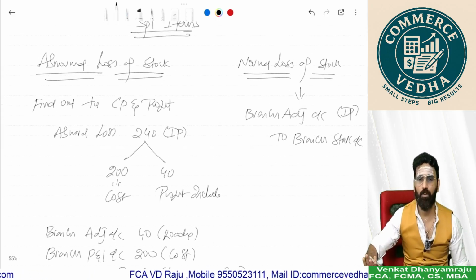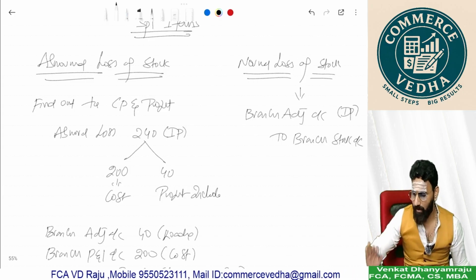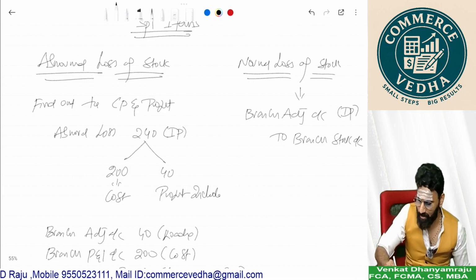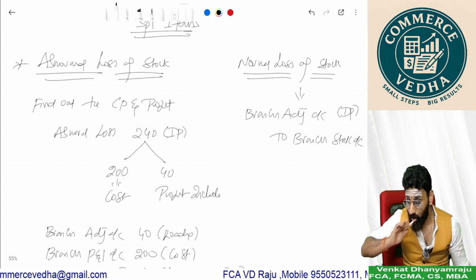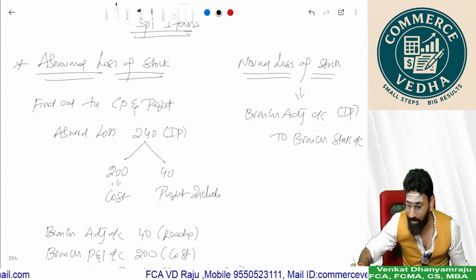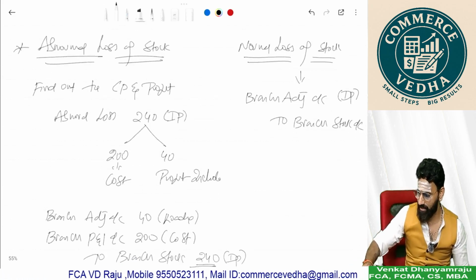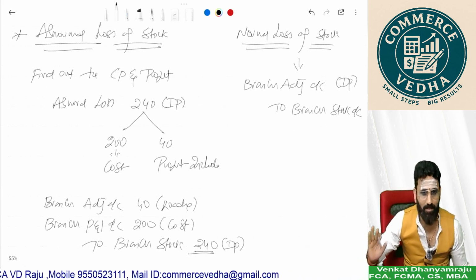This special transaction is where you need to be very cautious before closing. Whenever there is abnormal loss or normal loss, don't close the stock account before passing the entry. Don't close adjustment and P&L account before passing the entry.